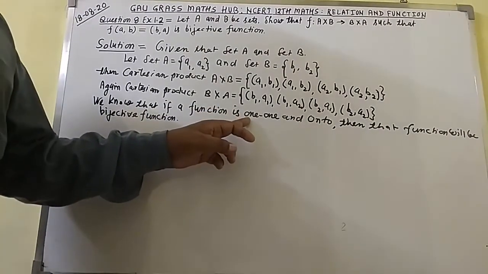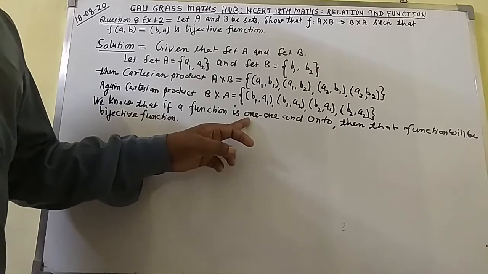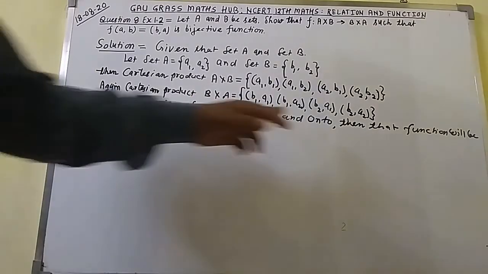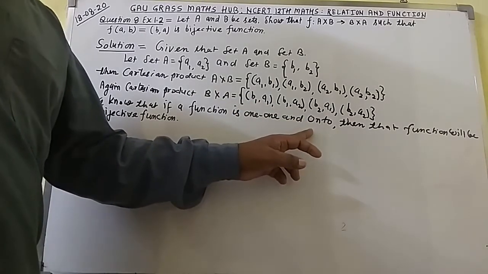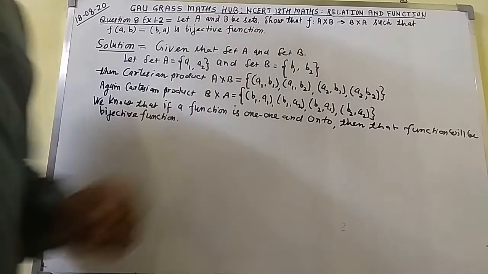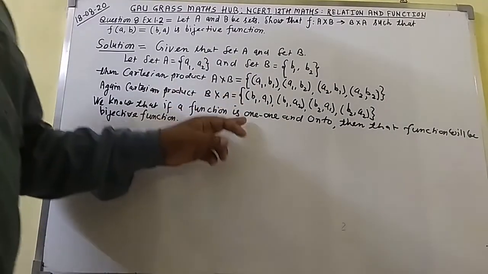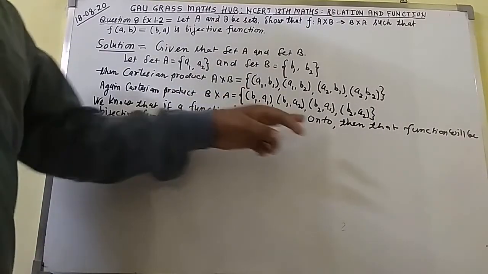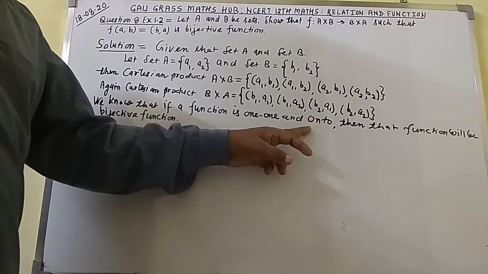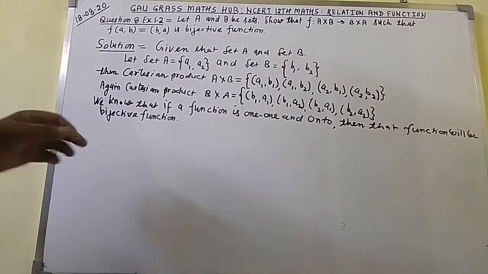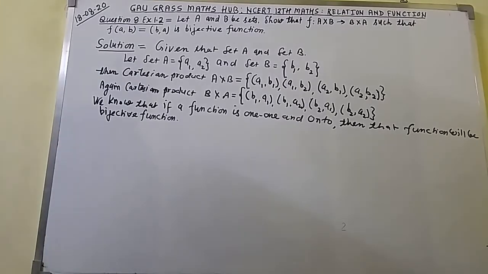A 1-1 function is also known as an injective function, and an onto function is known as a surjective function. Injective and surjective together make a bijective function.